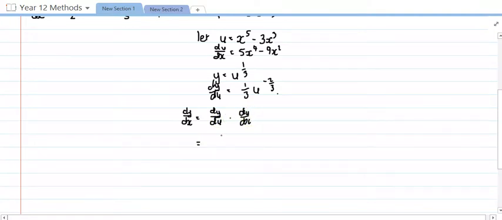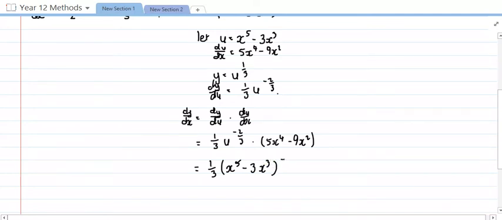And subbing everything in, dy du is 1/3 u to the power of negative 2/3 multiplied by 5x to the 4 minus 9x squared, and just sub the u back in as well, so it's 1/3 of x to the 5 minus 3x cubed to the power of negative 2/3, and then that is multiplied by 5x to the 4 minus 9x squared.